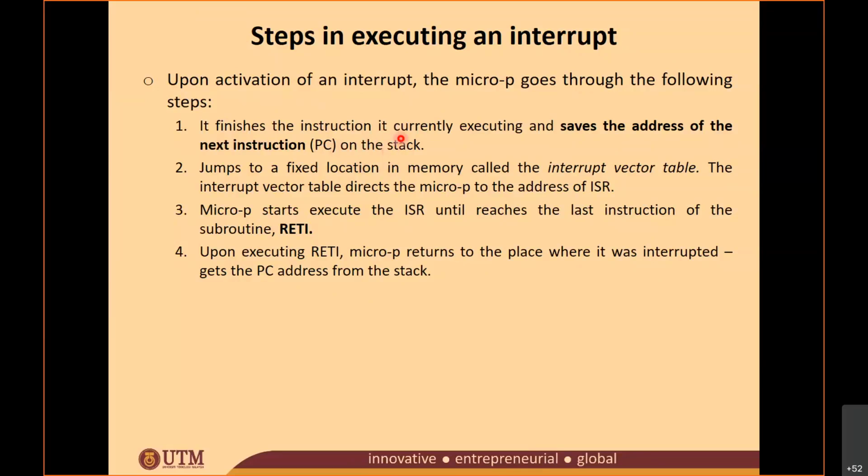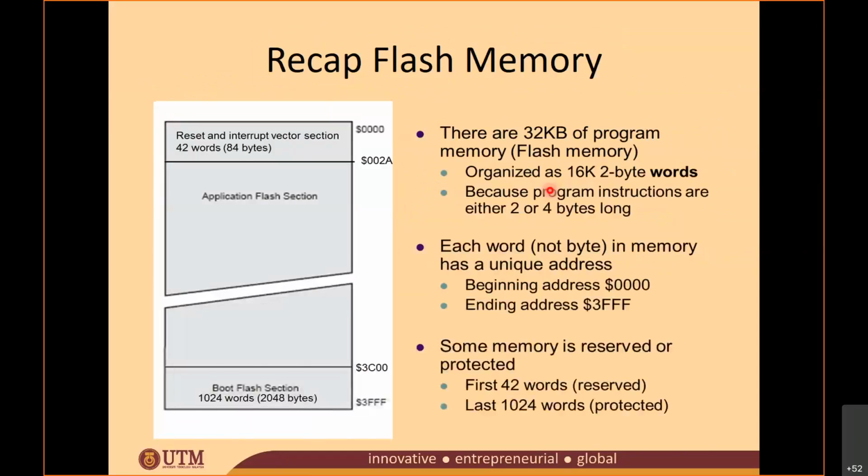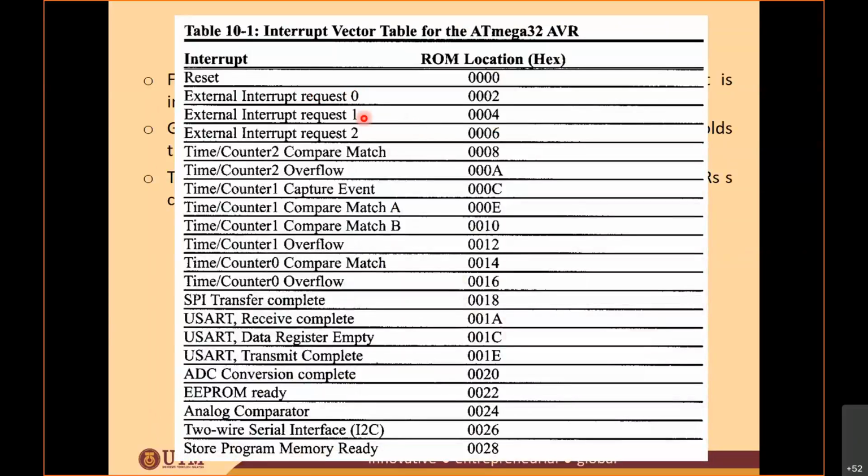That's why we need to store the next instruction of our current program to the stack. Then it jumps to the fixed location in memory called the interrupt vector table, and the interrupt vector table directs the microcontroller to the address of the ISR, based on which ISR you invoke.